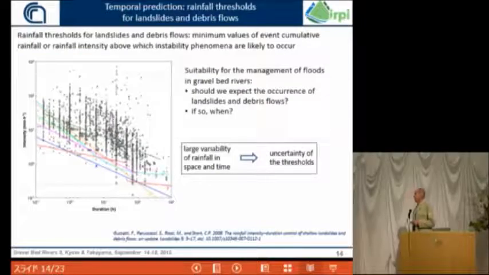Temporal prediction: probably the easiest tool, one of the most common tools, is critical threshold lines that identify the minimum combination of cumulative rainfall or rainfall intensity versus duration. A number of these critical curves have been developed both at global scale and for particular regions.